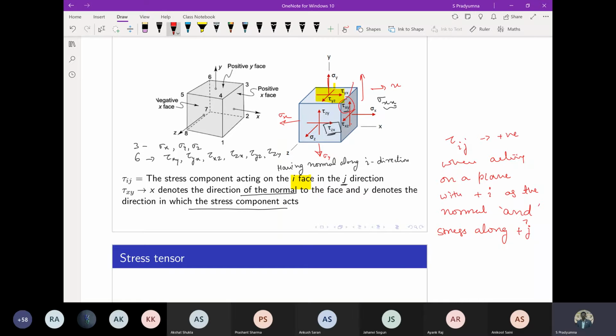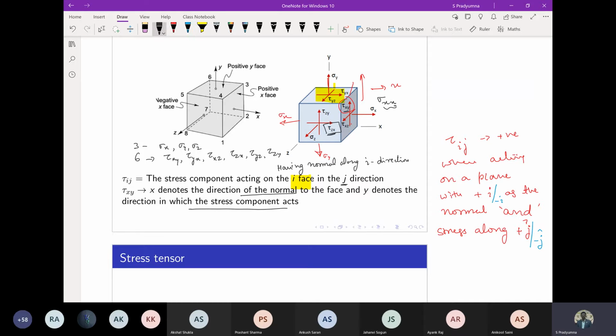This is also true if the direction of the normal is minus i and the stress is acting along minus j direction. So in each case plus i and plus j it is positive, minus i direction normal and minus j direction stress it is positive stress.